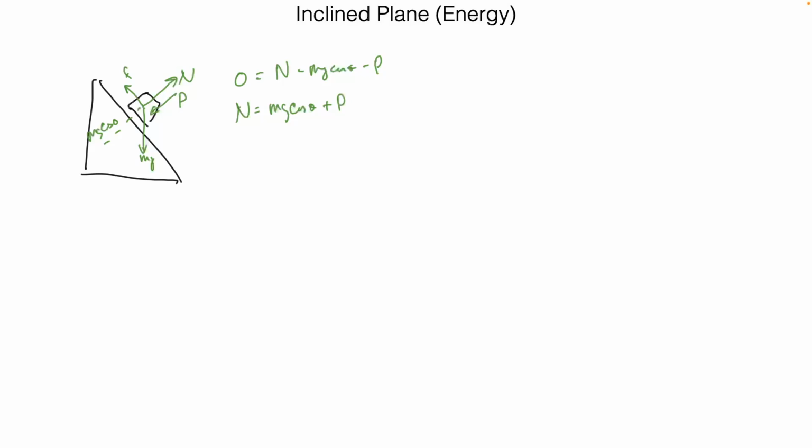But the point is as soon as you get another force that acts in any part of the vertical plane, you have to account for it. So just be careful. Don't always assume that the normal force is equal to mg cosine theta. That's true if there just isn't any other vertical forces.